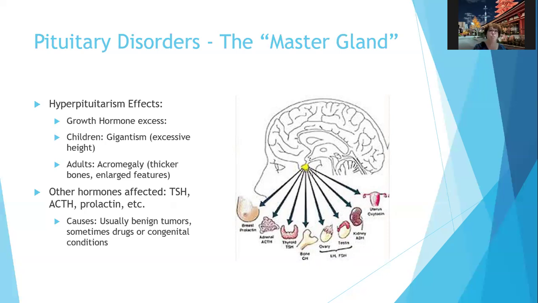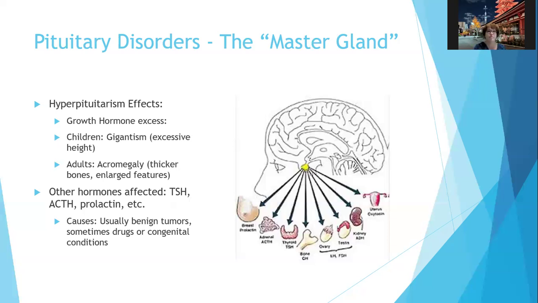Lots of different hormones are produced by the pituitary gland, and growth hormone. If you have hyperpituitism, you can have excessive height in children, or acromegaly in adults, where the hands and jaw continue to grow and you have enlarged features. That's often caused by a tumor.